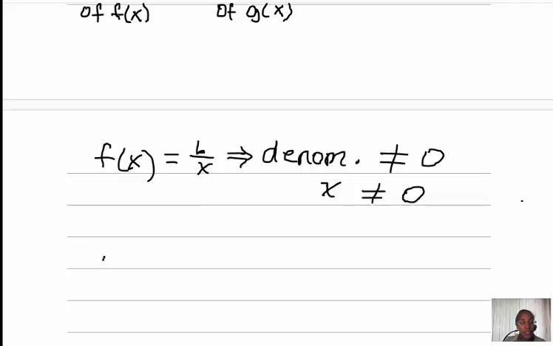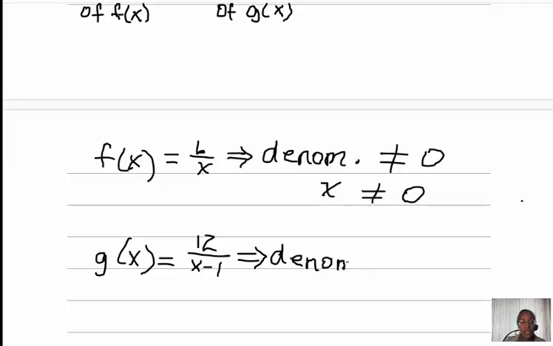Now let's look at g of x, which is 12 over x minus 1. For this to make sense, the denominator, which in this case is a little more complicated than just an x, the denominator is x minus 1. That can't be 0.